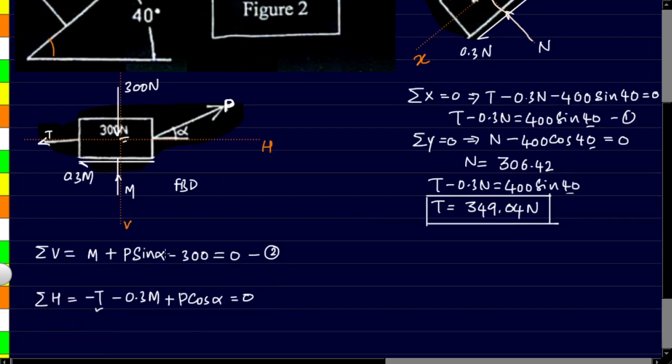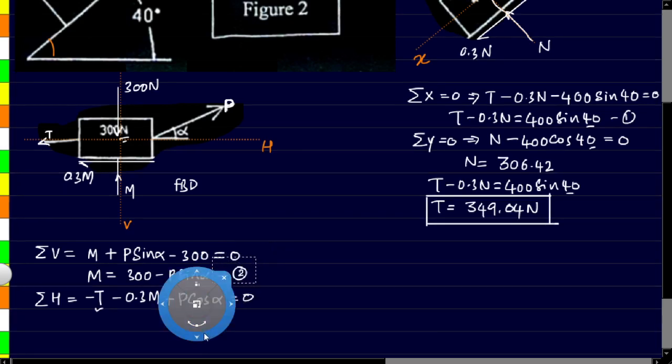So what I'll do is I'll take another step over here. M equals, that is 300 minus P sine alpha. So I'll call this as the equation 2 instead of the upper one. And now I'll just substitute this M over here.